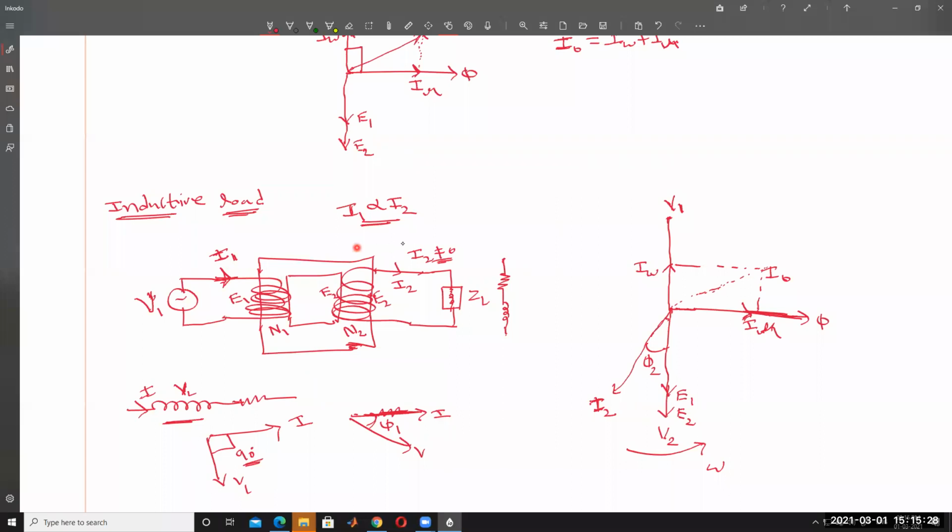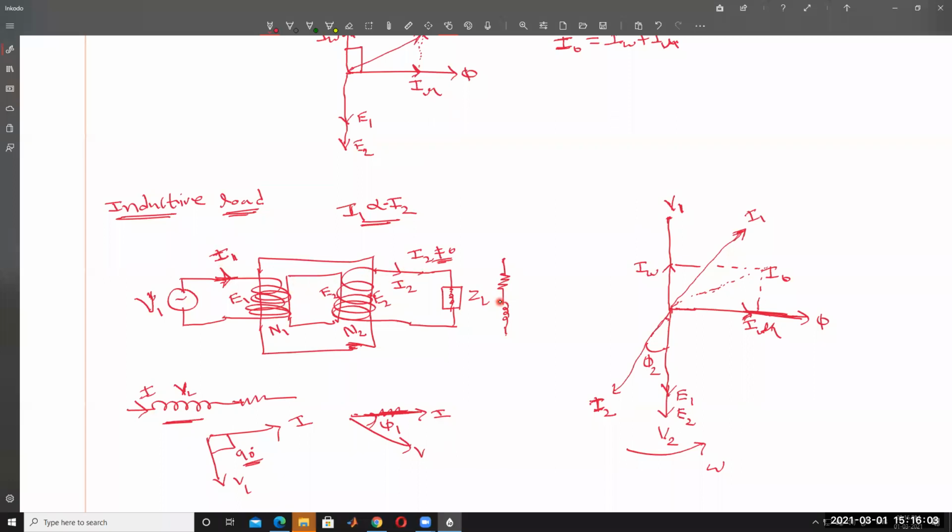That's why I1 and I2 are in opposite directions but of the same magnitude, exactly opposite but the same length. This is called I1, proportional to I2 but in the opposite direction, minus I2. I1 is the current entering the transformer winding, and I2 is the current leaving the transformer winding.